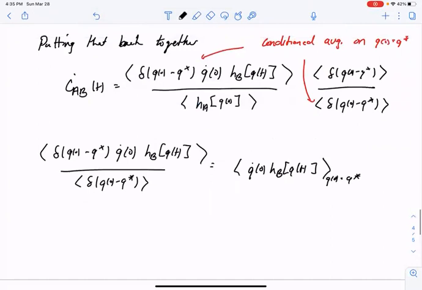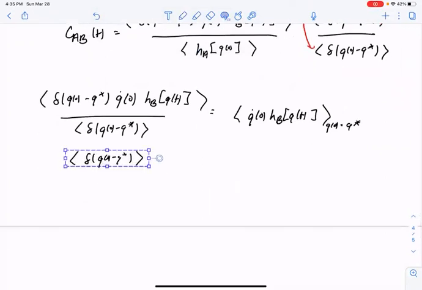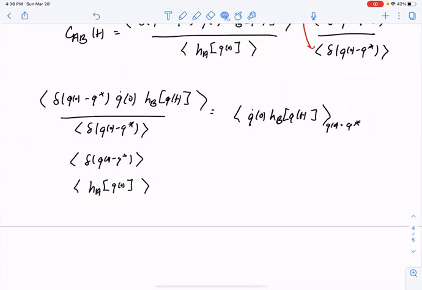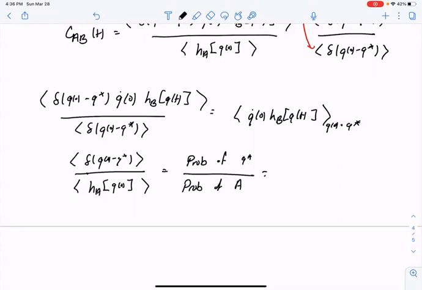That can be seen even more clearly by looking at the leftover portions of that expression, a ratio of the delta function Q0 at Q star, that's the probability of being at Q star, divided by the probability of just being in A. And in an equilibrium, the probability of seeing a given configuration is just given by a Boltzmann distribution.